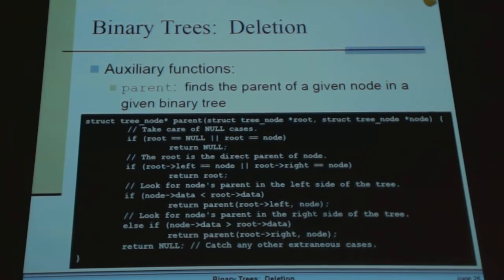Otherwise, we need to start looking to the left or to the right to determine if it is a direct child of our parent node, because that's pretty simple. All we would do is just update that pointer to get rid of the child, right? Otherwise, it's got to be buried somewhere in our left and our right. So we look at our left and we look at our right to see if we can find that root node.